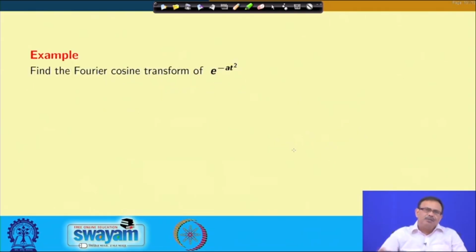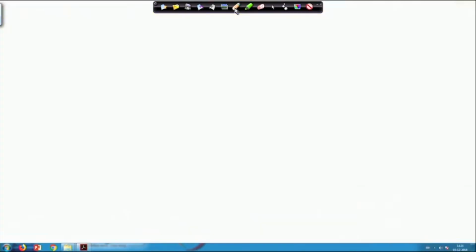Now, let us take the other example. Find the Fourier cosine transform of e to the power minus a t square. So, for this one we have to find the Fourier cosine transform of e to the power minus a t square.